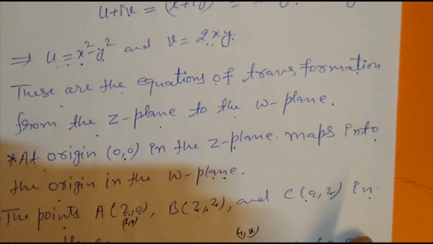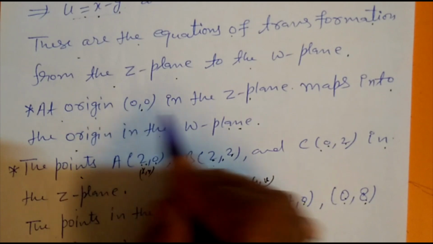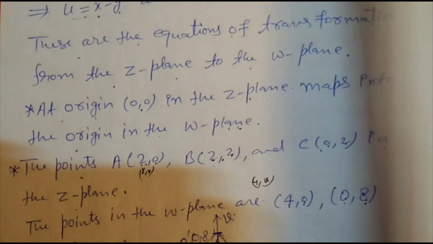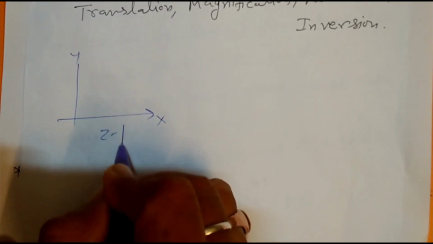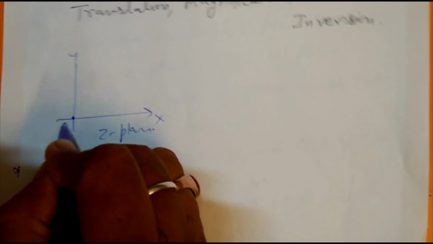Now the next point related to conformal transformation. The origin in the z plane maps into the origin in the w plane. That is, if this is the z plane, say this will be the origin.